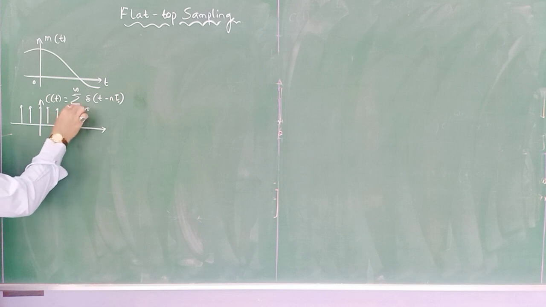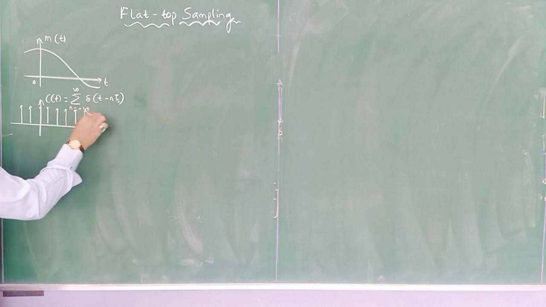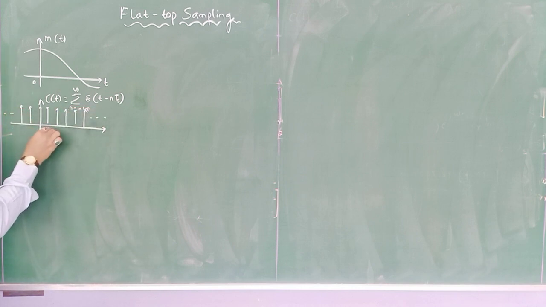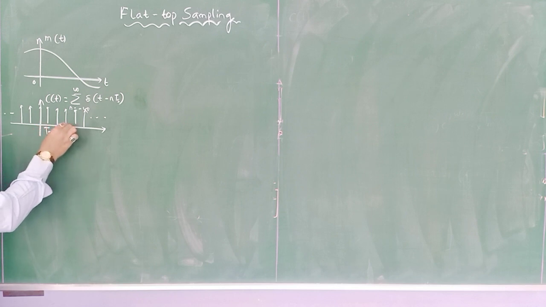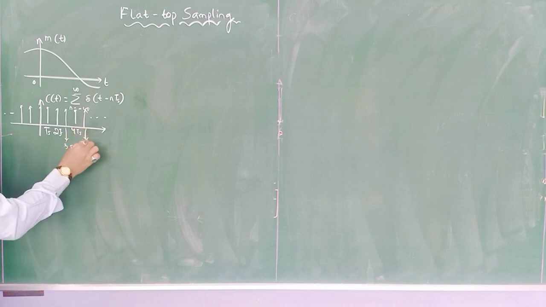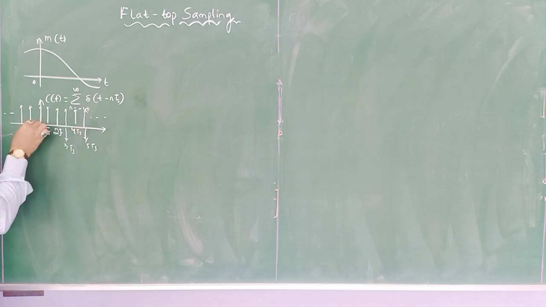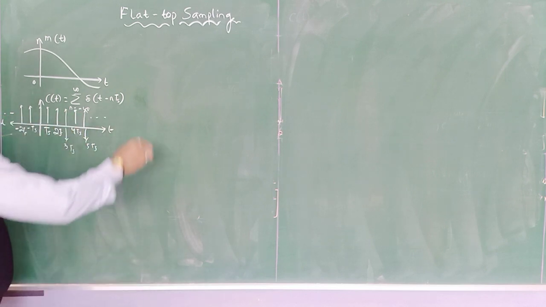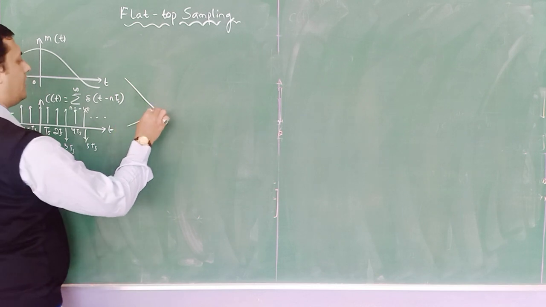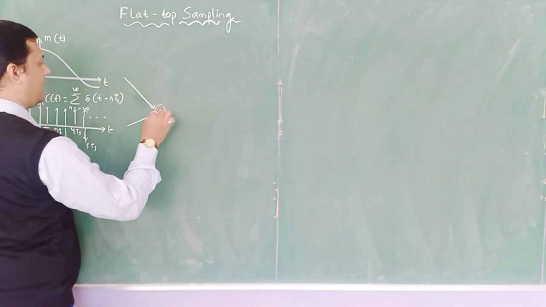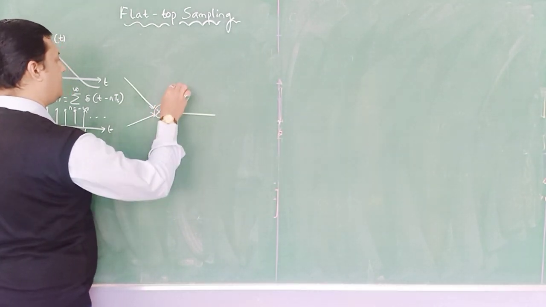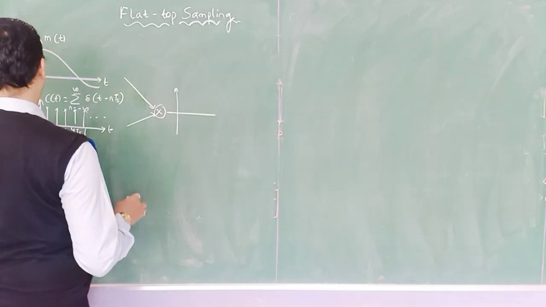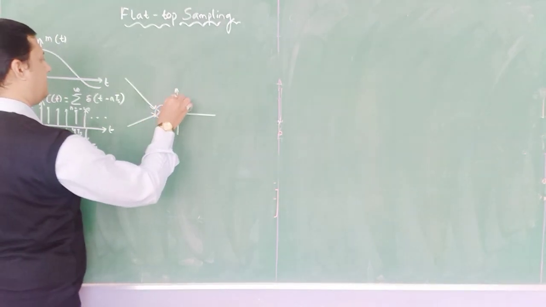Amplitude is 1 for different time periods t. This is Ts, this is 2Ts, this is 3Ts, 4Ts, 5Ts, like this. Minus Ts, minus 2Ts on the left hand side. This is the plus side. When you give these two to the multiplier, we get the instantaneous sample signal. So instantaneous sample signal means it will look like this.